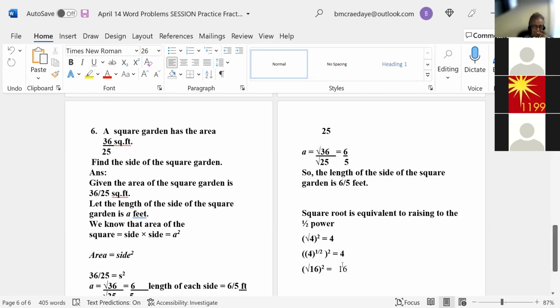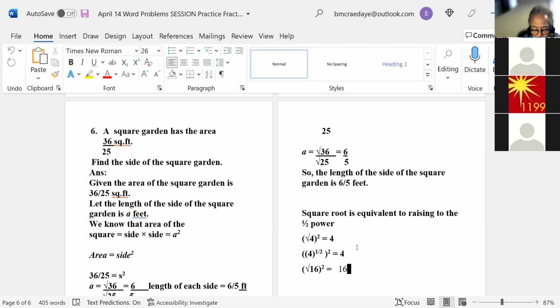Everybody following? Okay. So when you have a square root, if you square it, you get back what is under the radical. So just remember, square root is raising to the 1/2 power. That's why this works.